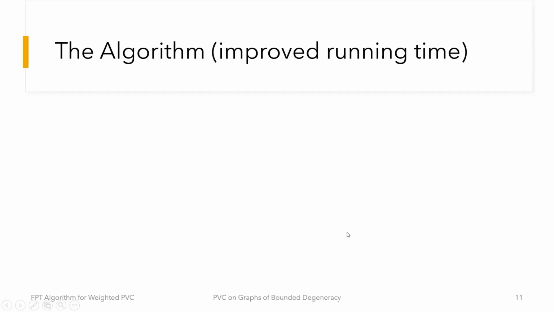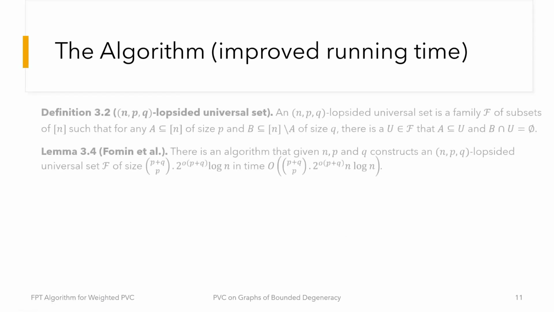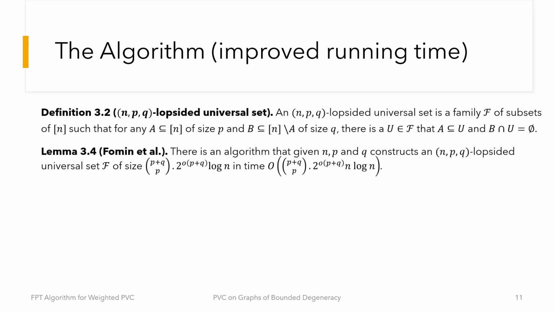To get the other running time, we use lopsided universal sets instead of universal sets. And again, it's better if you pause the video and read the definition by yourself. And again, we have a lemma that says we can construct a lopsided universal set with a good size and in a good time complexity.